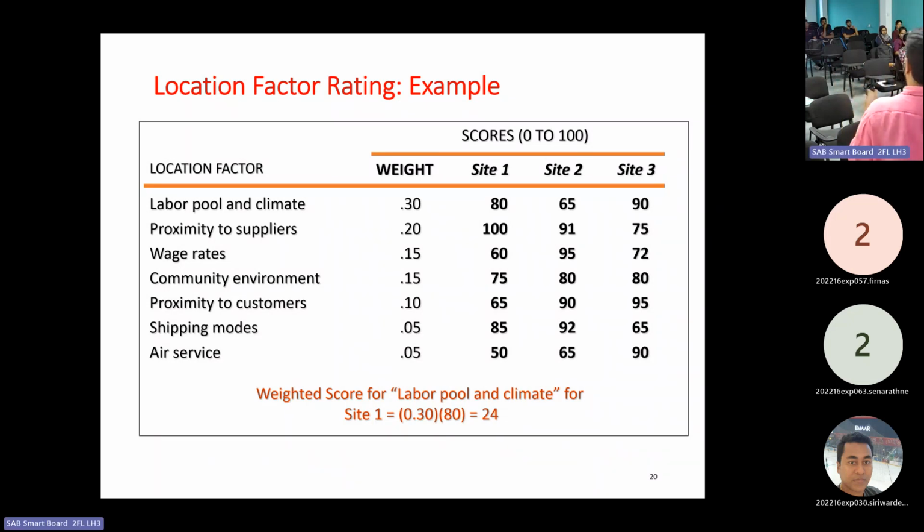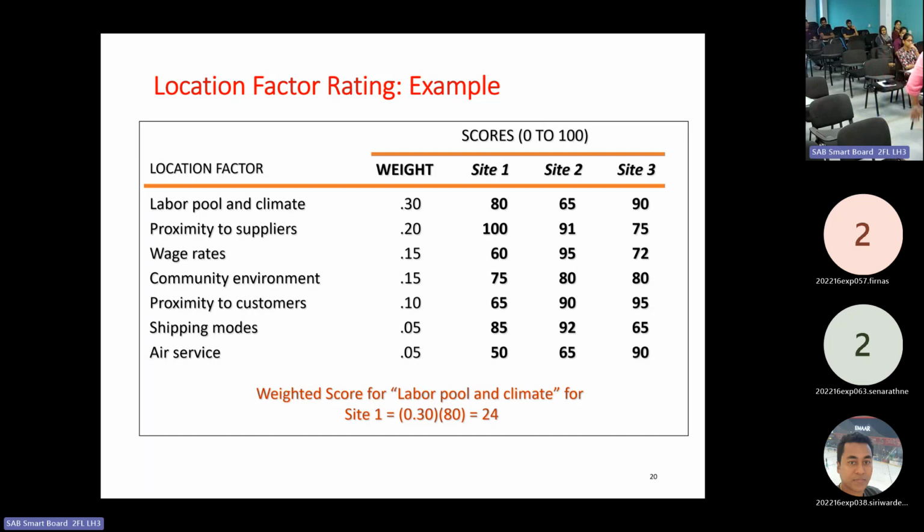Clear? So likewise, for each site, in line with each location factor, they assign scores. Who assigns the scores? Location experts. Right? So the management together will discuss and assign scores depending on the input.